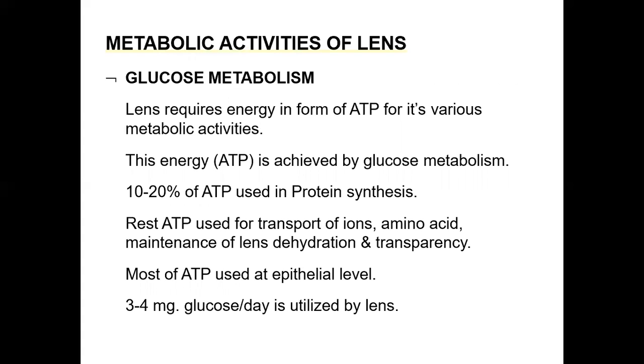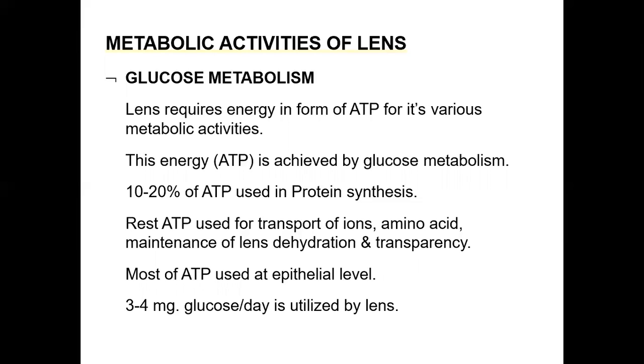So coming to the metabolic activity of the lens, this one is very important. You have to remember this. Glucose metabolism: the lens requires energy in the form of ATP. We already read this during the cornea. There are 4 or 5 types of metabolic activity.